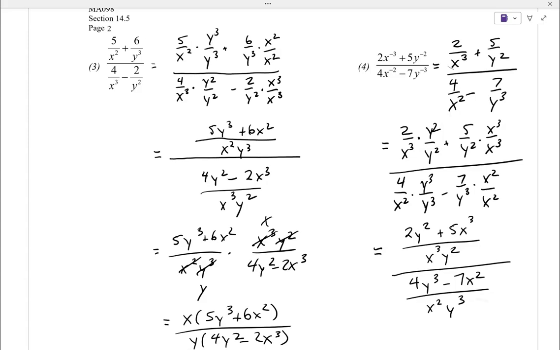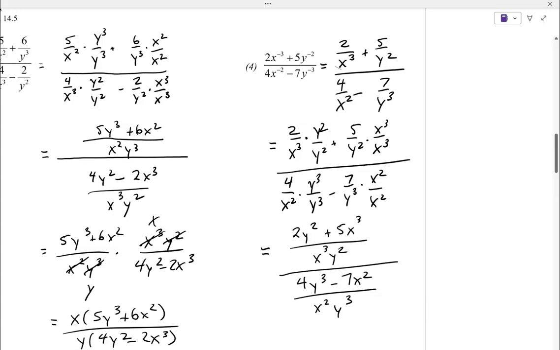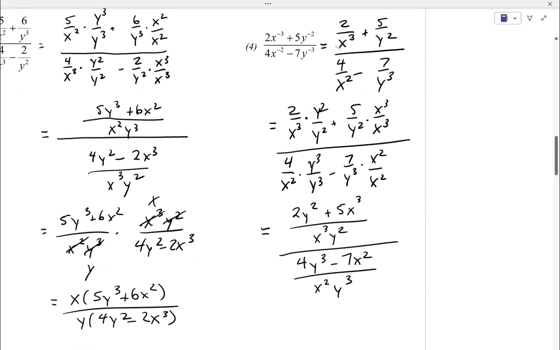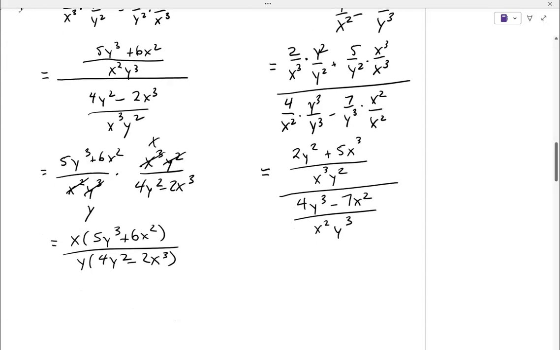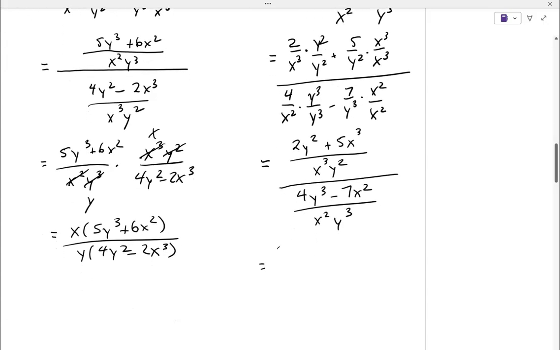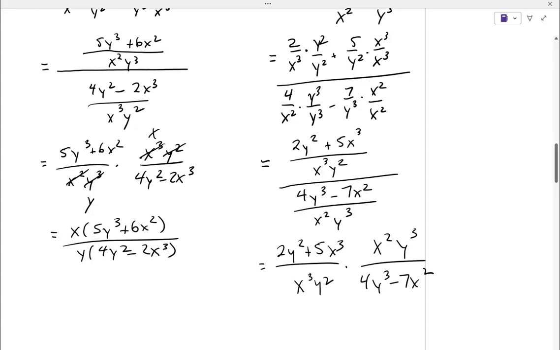What's next? Yeah, this is now a problem like we've done before, right? Multiply and flip, the second one. So we've got 2y squared plus 5x cubed over x cubed y squared times the reciprocal of the denominator. Yep, so x squared goes into the x cubed.